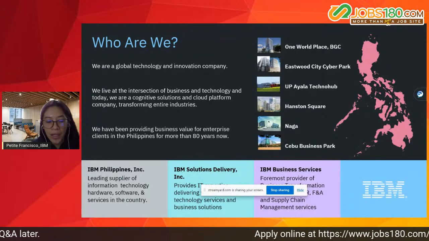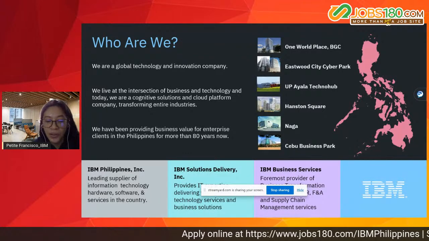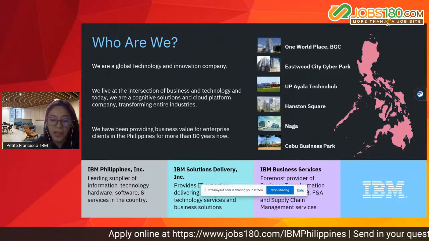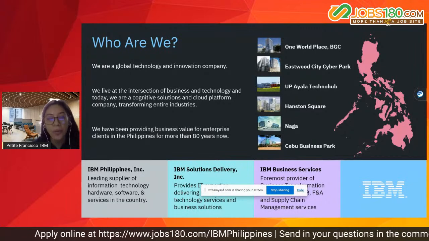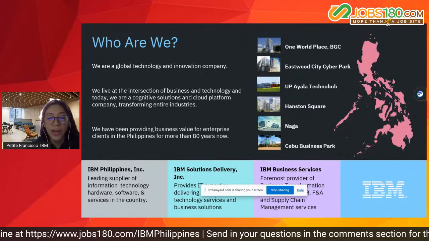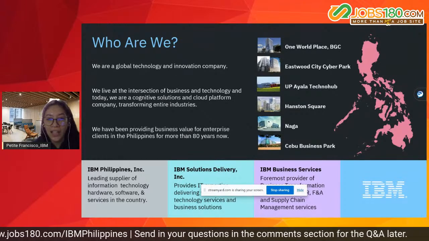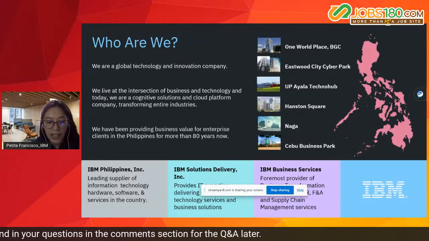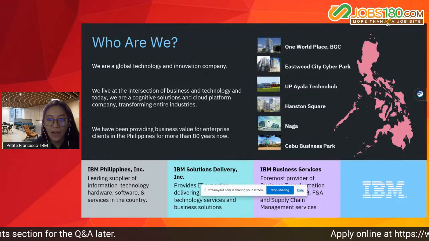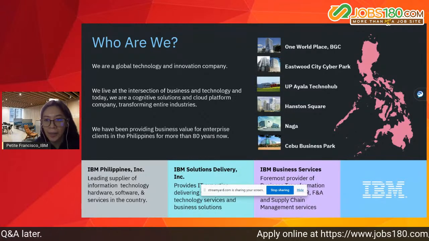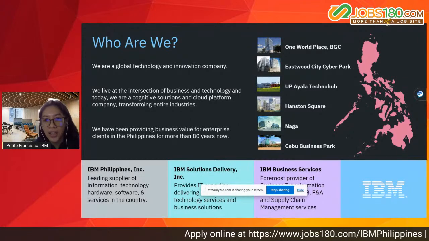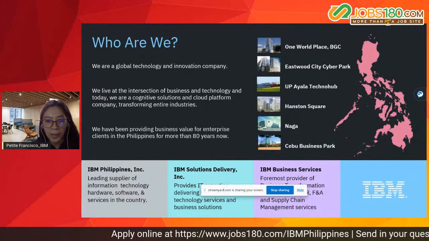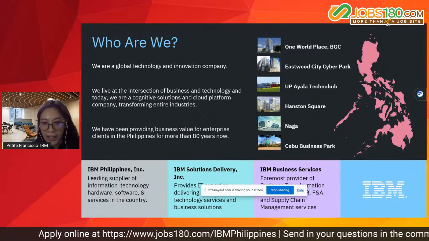We have been providing business value for enterprise clients in the Philippines for more than 80 years now. This 2022, we are actually turning 85, to be exact. On the right side, you'll see the six sites we have in the Philippines. We have offices in BGC, Quezon City, Eastwood, UP Ayala Techno Hub, and Hanson Square in Ortigas.